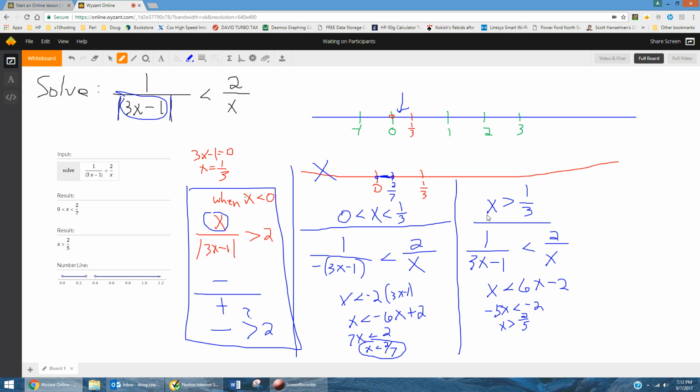So when x is greater than 1/3, the numbers in that interval that make this inequality true are the ones that are greater than 2/5, which is right here, about 0.4. So it's all these numbers. Or I can come down here, say 0.4.